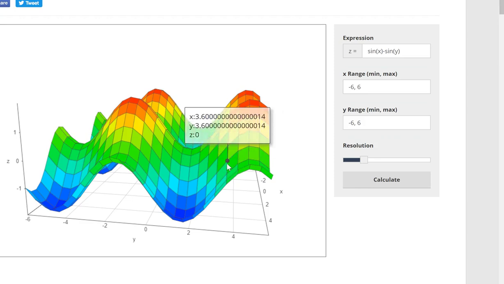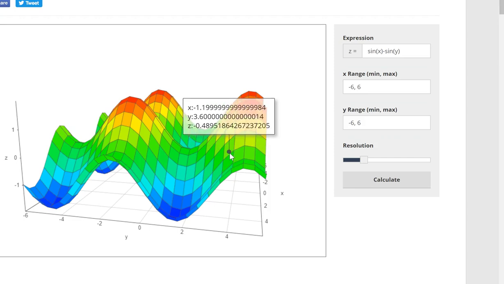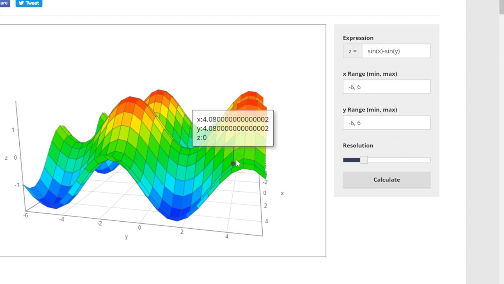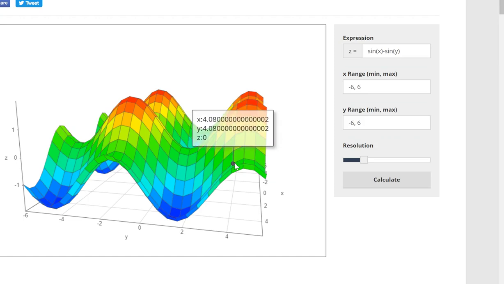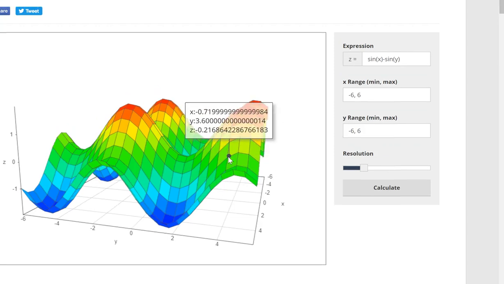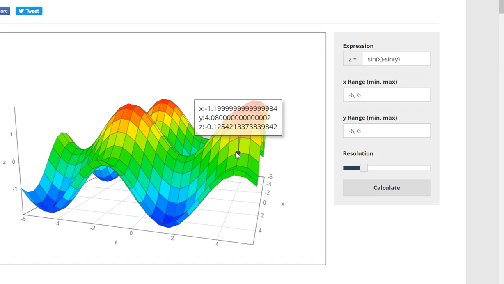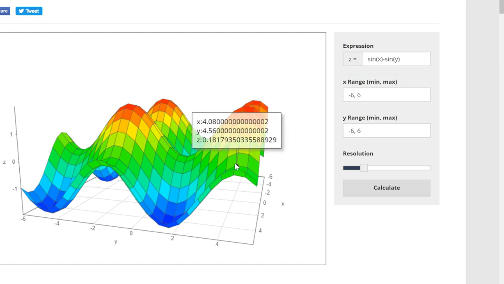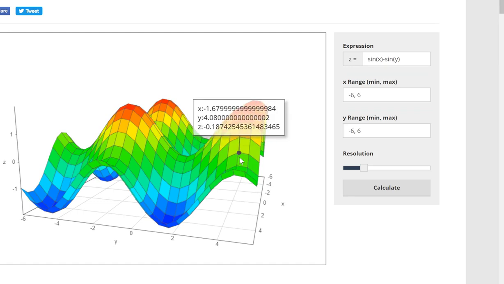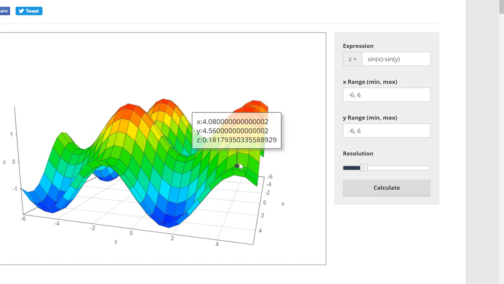There we go, that's 3.6. Let me go back some more. Okay, I think I'm going to have to settle on 3.6 comma 3.6, which is about all it's giving me. I tell you what, let's do 4, 4. That'll be good. That's good enough. All right.